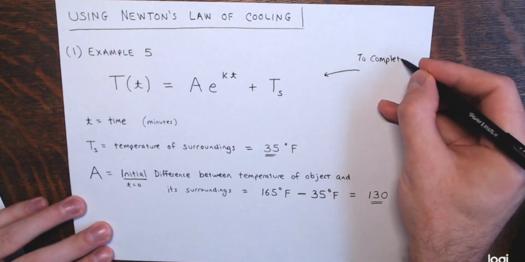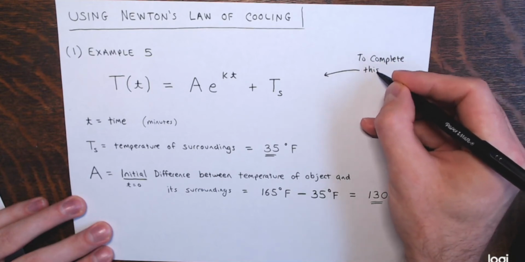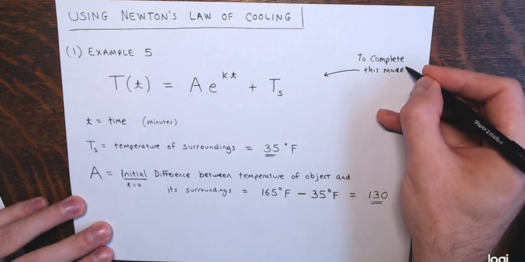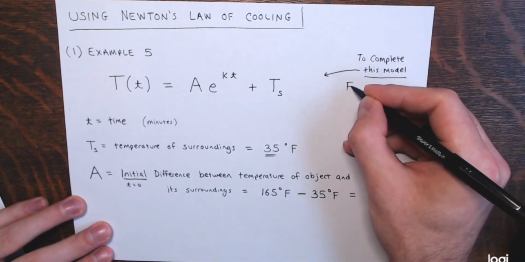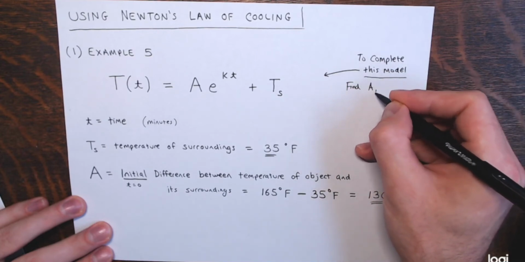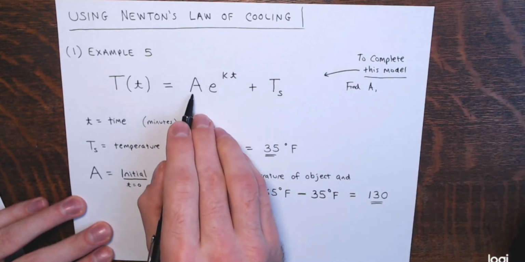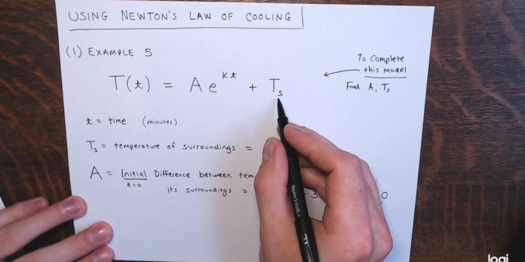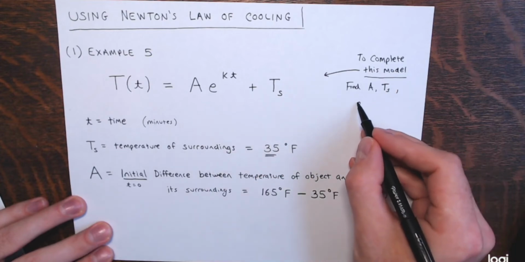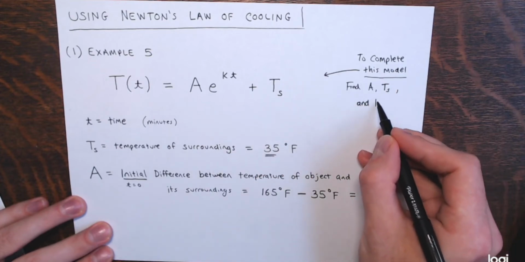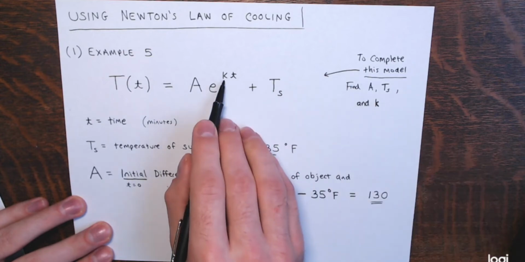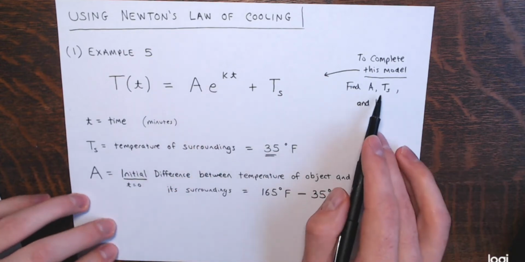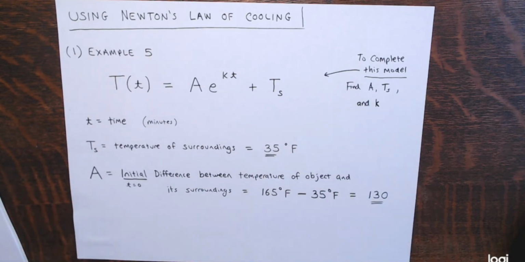To complete this model, we need to find capital A, which we know, that TS, which we also know, the temperature of the surroundings, and K, that rate of cooling, which is in the exponent here. Now the A and the TS I know. To find K, I need some other information.